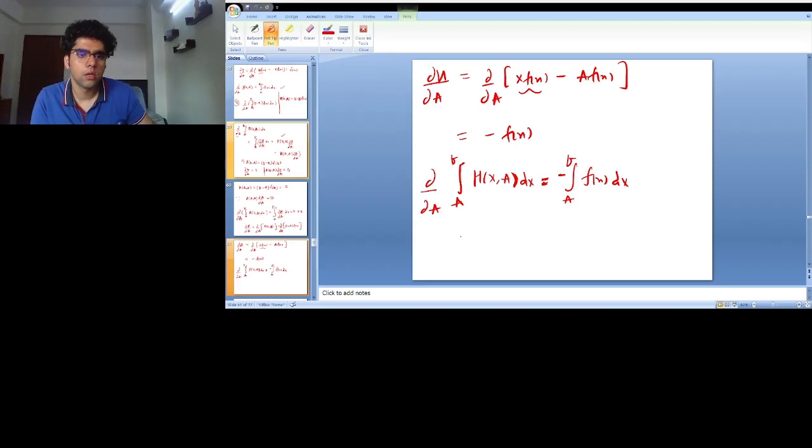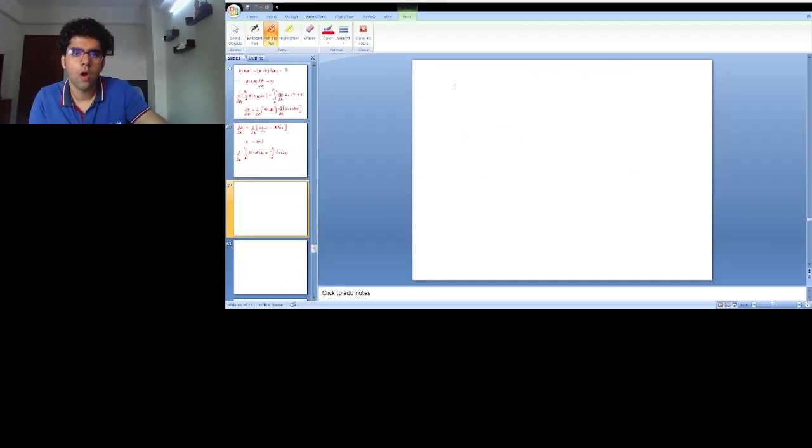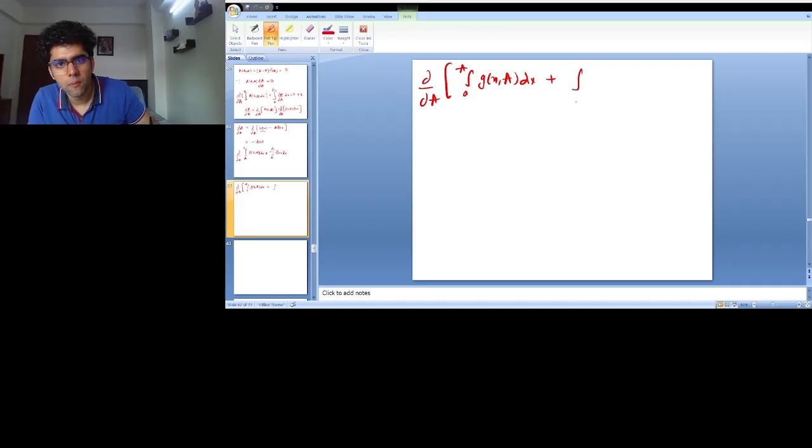So finally the value of this expression, del by del a, now I'm writing the whole expression: the integral from small a to capital A of g(x, a) dx, and adding the integral from capital A to small b of h(x, a) dx, the value of this whole expression is what we need to find.